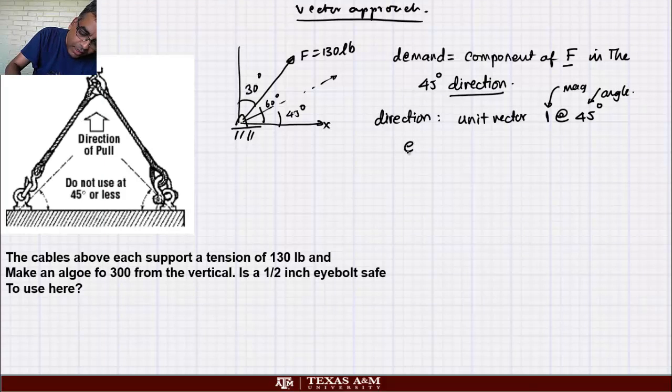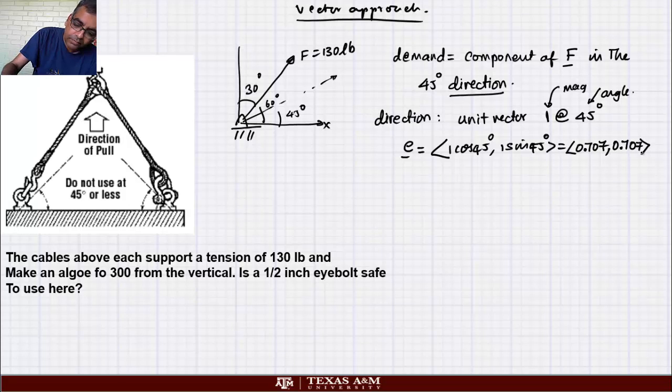So I'm going to write E equals 1 cos 45 degrees, comma 1 sin 45 degrees, which turns out to be 0.707, comma 0.707. Okay, that's direction. So I now have the direction.